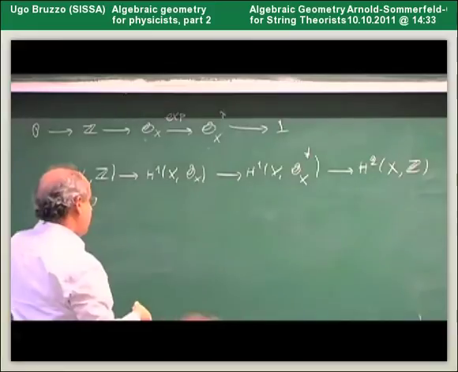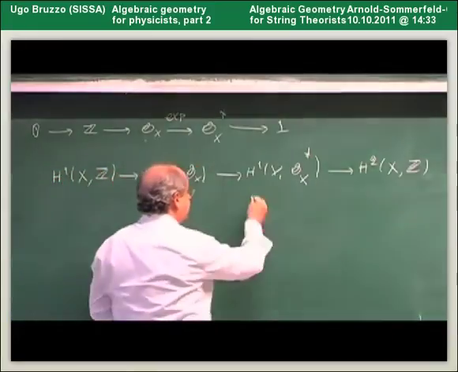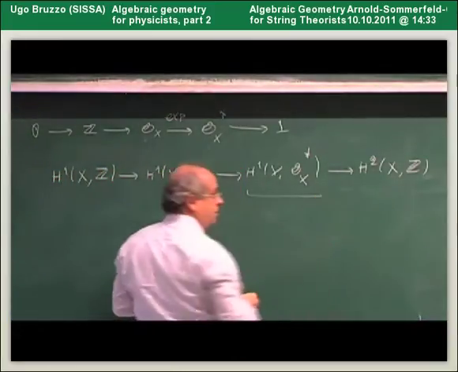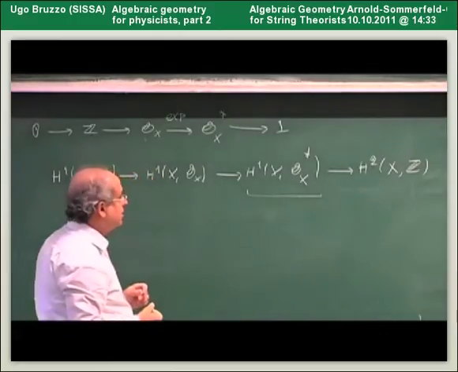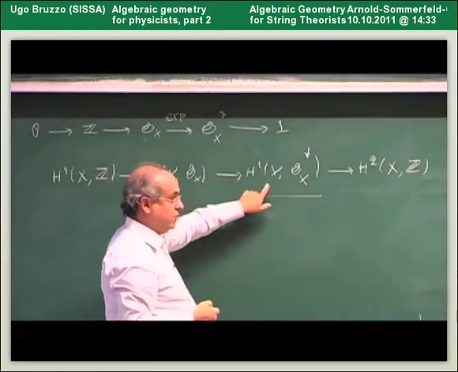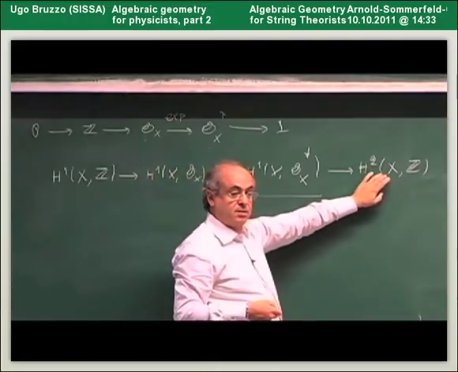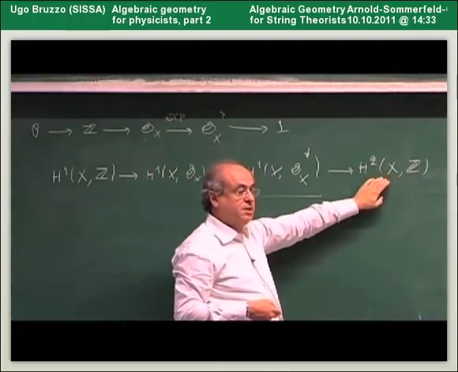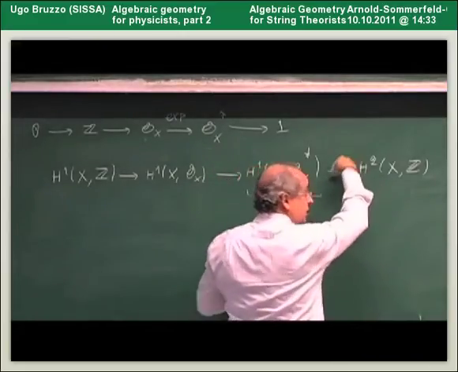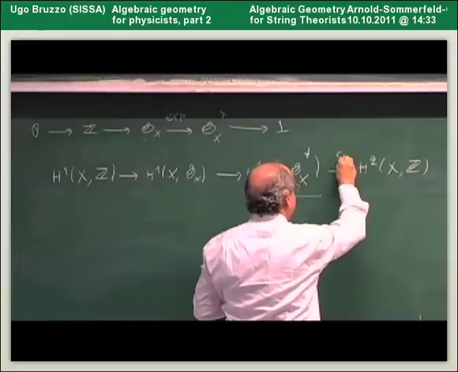Okay. So here inside we have the line bundles. And therefore, we learn that if we start from a line bundle, we can associate with it a cohomology class here. This is an integer cohomology class. In this case, this is just a connecting morphism. This is called the first Chern class.